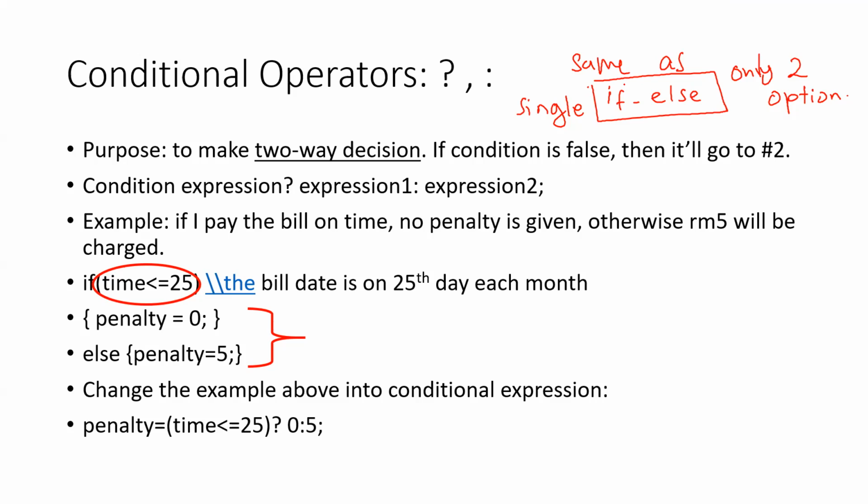Otherwise, in most cases, you use if else. If you want to make it easier, or maybe you want to make your program less dense, meaning that it's not too much, then it is better to use the conditional operator. Okay, this is your syntax.